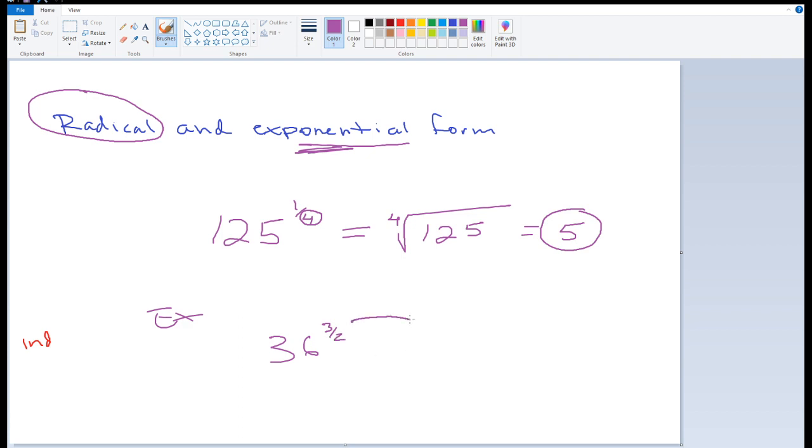Well, I'm going to simplify this, and remember this number here is the index of the root, so it's going to be 2, or the square root of 36, and then all that is going to be raised to the third. So the square root of 36 is 6, to the third, so that's 6 times 6 times 6. So the answer is 216.